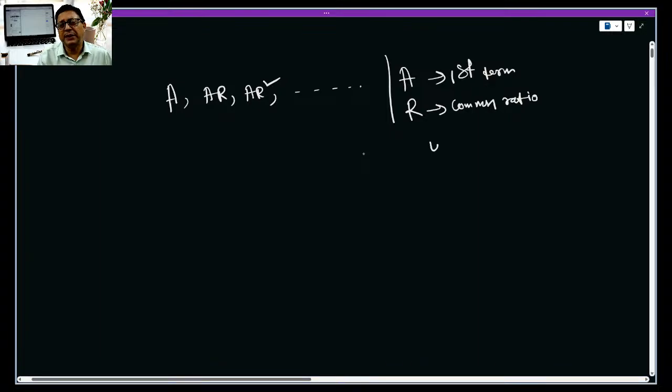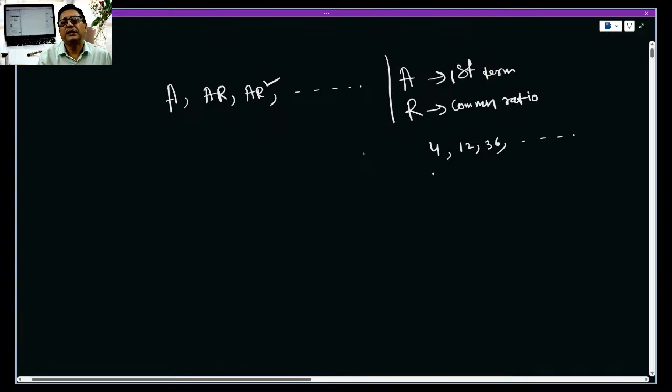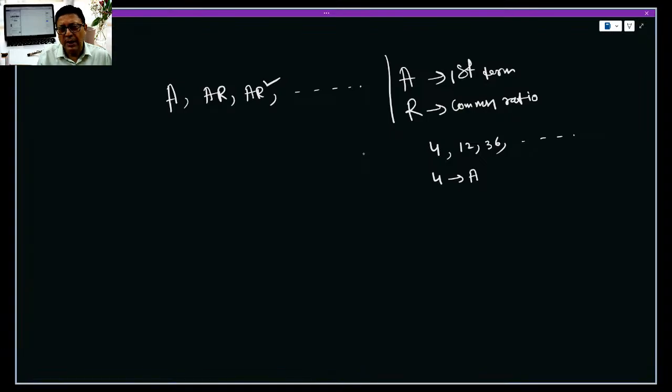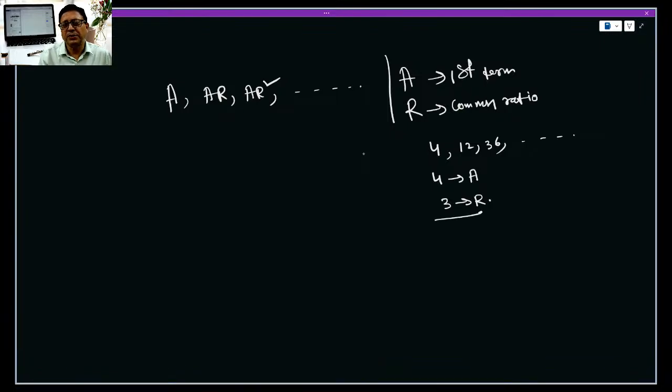For example, if we take it this manner, 4, 12, 36 like this, then the first term is 4 and the common ratio is 3, isn't it? Because if you multiply by 3 you get the next term of the geometric progression or geometric sequence.